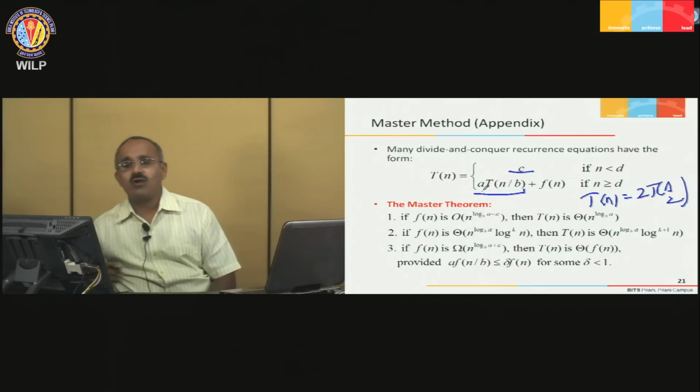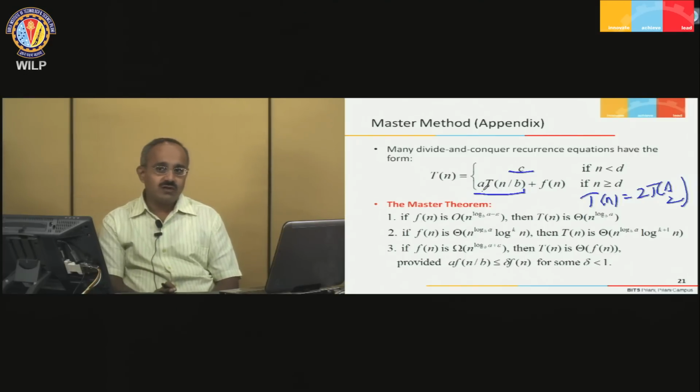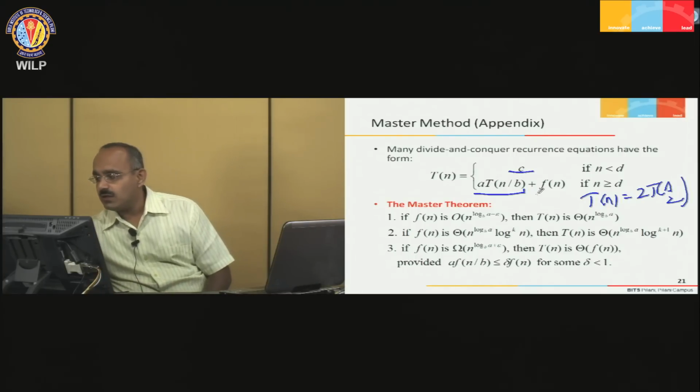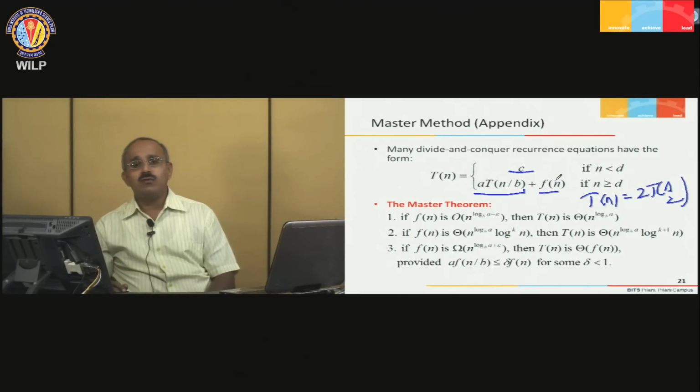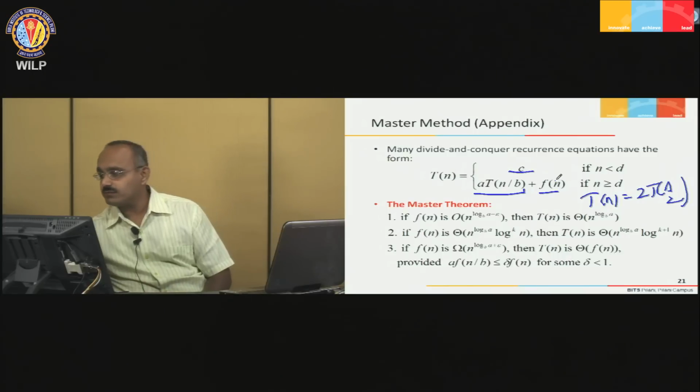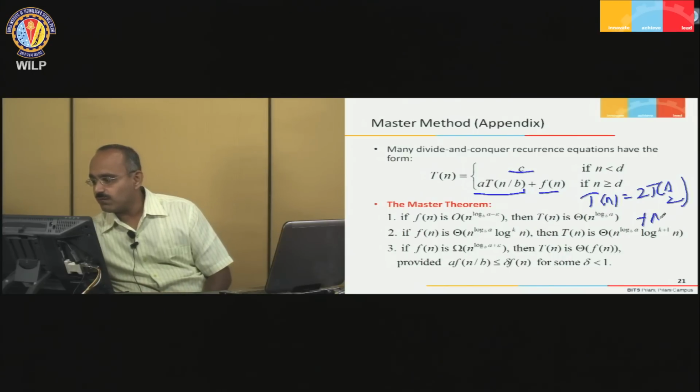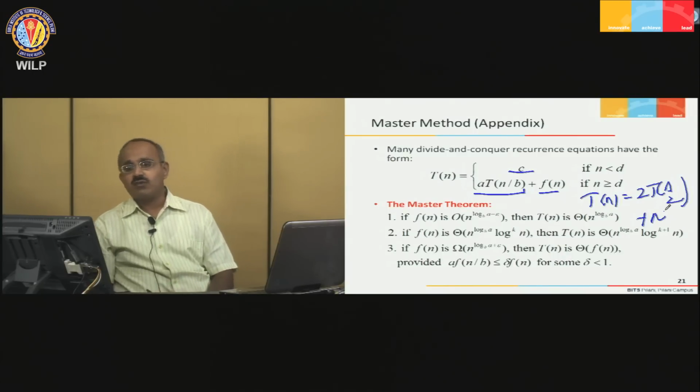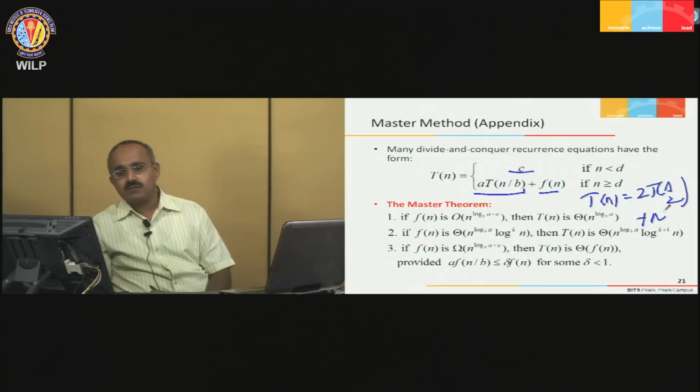So, this indicates you have a subproblems that you have to solve, and the size of each subproblem is n/b. This factor is the time required to finally combine the solutions of these a subproblems into a solution to the main problem, which in merge sort was n. f(n) was equal to n in the merge sort algorithm.